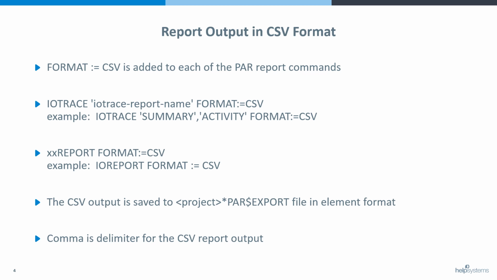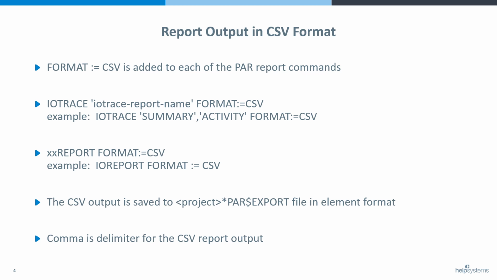The syntax for the IOTrace command is IOTrace report name format:CSV. For example, IOTrace summary, activity format:CSV will generate the IOTrace summary and file activity report in CSV report format.